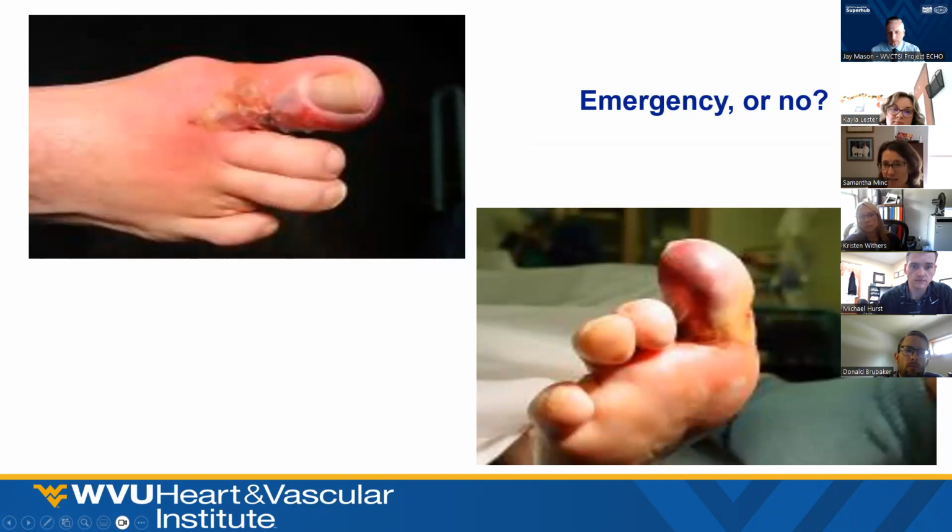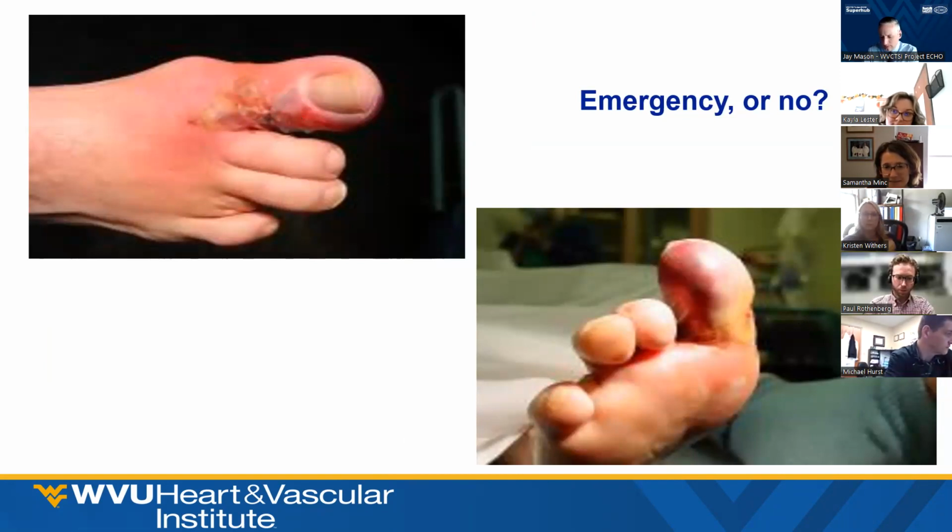Bluish discoloration of the toe. What do we think? Anybody else? I'm trying to show blue toe syndrome. No, I'm not trying to show that one, but that is a thing that if you have someone just a blue toe that shows up, that's maybe an embolization from somewhere.